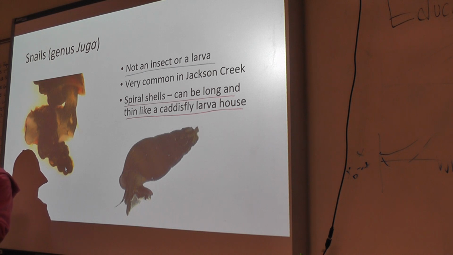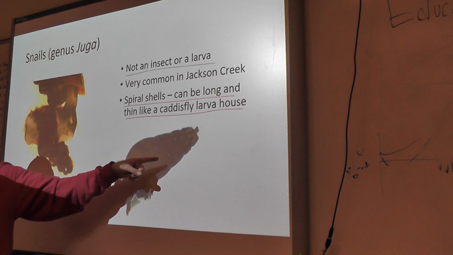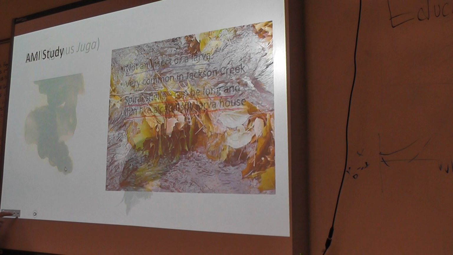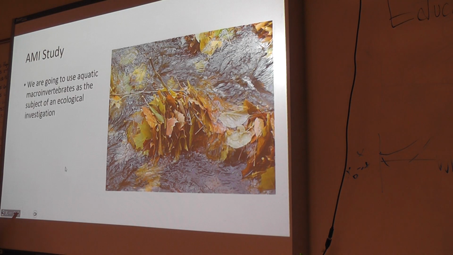So when you look at them under a scope, just look for the spiral. If you see a spiral shell, then it's a snail, and if you see some other kind of shell, it's not really a shell. Instead, it's a caddisfly.